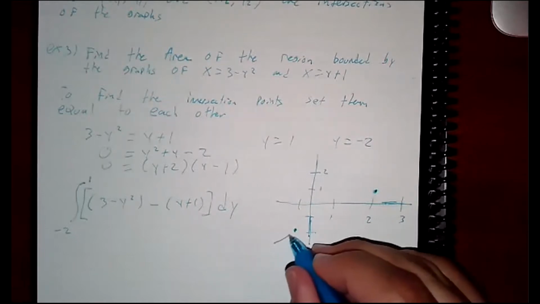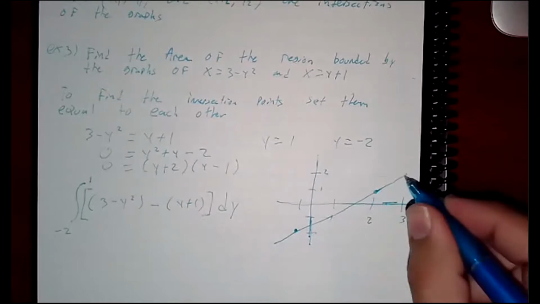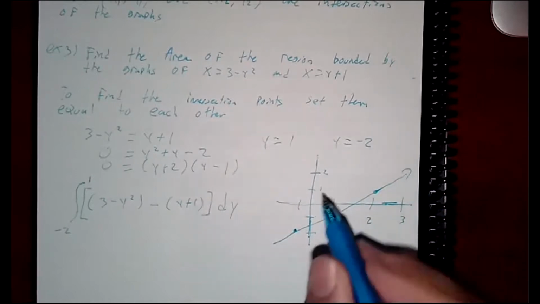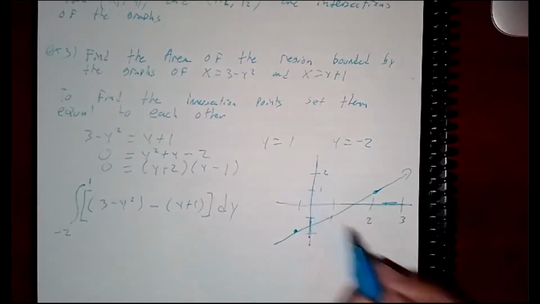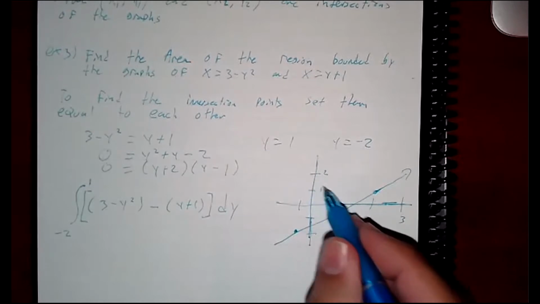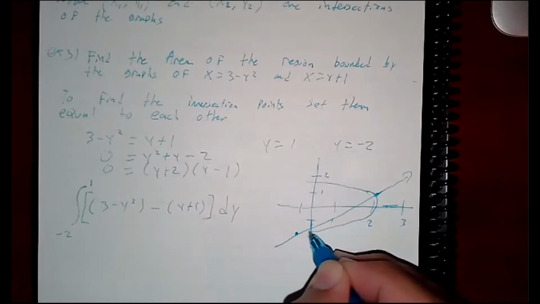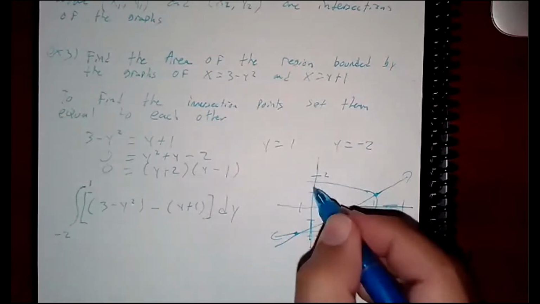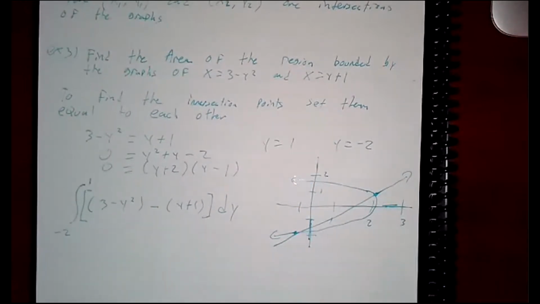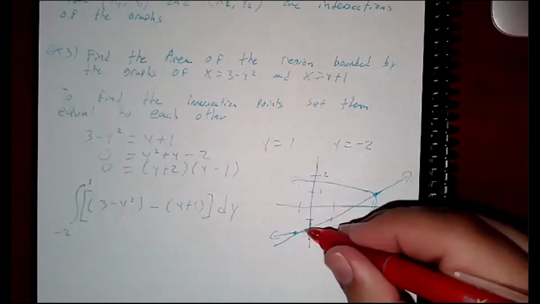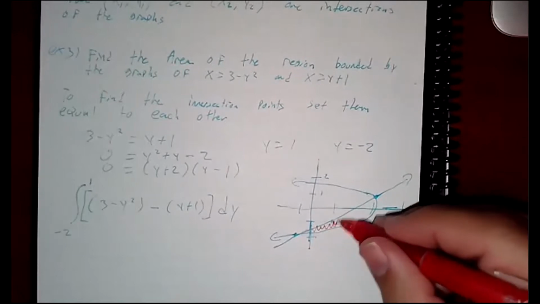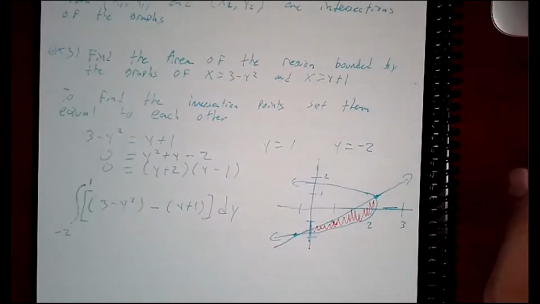We had this line going on like this, and then we had the parabola doing some nonsense like this. Something like that, right? My picture isn't great, but oh well. So we are curious about this little region.